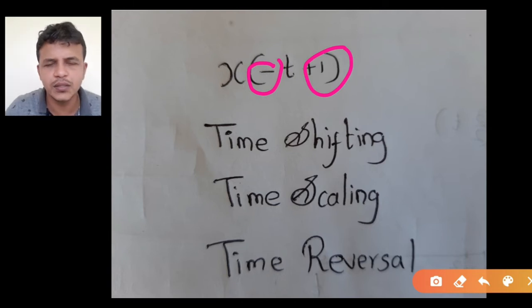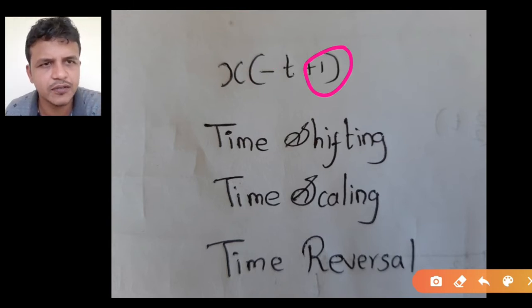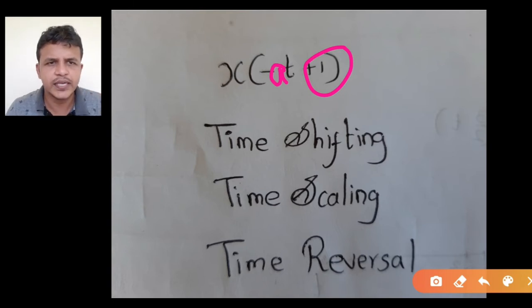In some cases we may have all three operations: time shifting, time scaling, time reversal. If we have time scaling, there will be an amplitude a, a variable indicating that the time is weighted by a value.